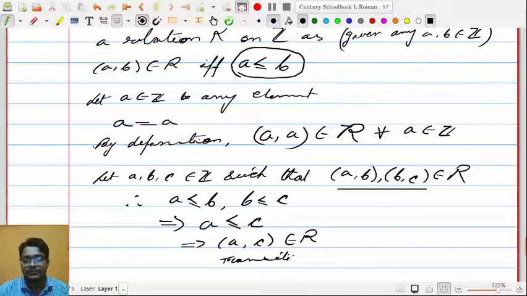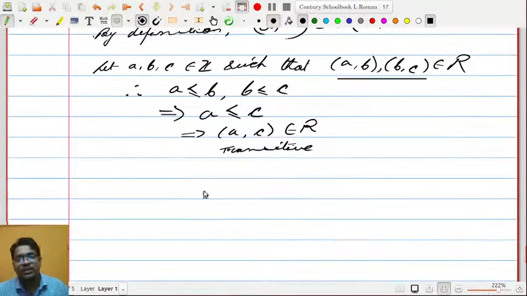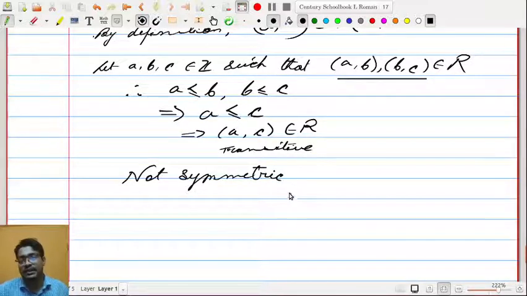But this relation is not symmetric. Why? We have to find two elements a, b inside Z which satisfy a less than or equal to b, but do not satisfy the other way around, b less than or equal to a.